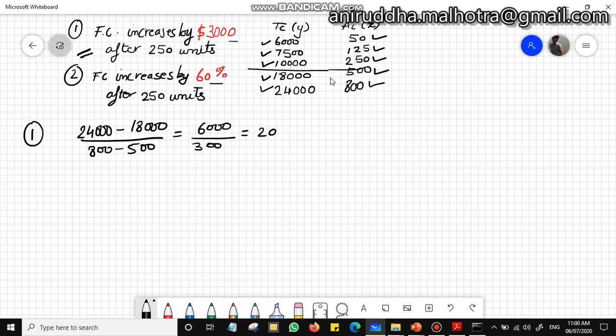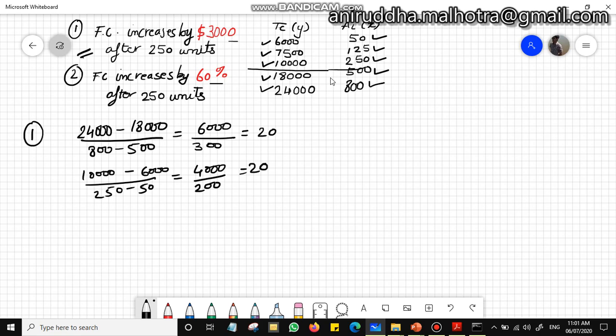If you want to go with the earlier 3 activity levels, it will be what we had solved yesterday, that is 10,000 minus 6,000 divided by 250 minus 50. Here you get 4,000 divided by 200. You'll still get the same answer, that is 20.